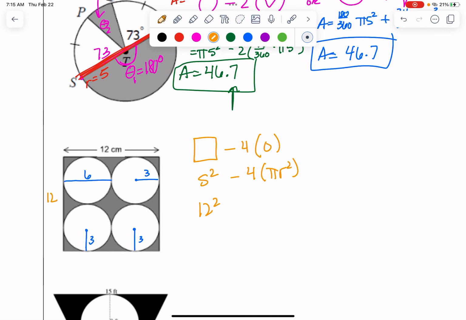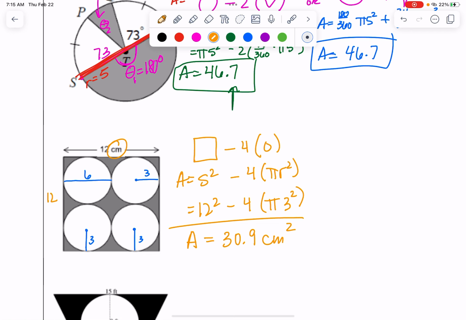So this is 12 squared minus 4 times pi 3 squared. You can put that in the calculator all at once, and I get that my area is 30.9 centimeters squared. Don't forget to use units when they're given to you. An area is always squared.